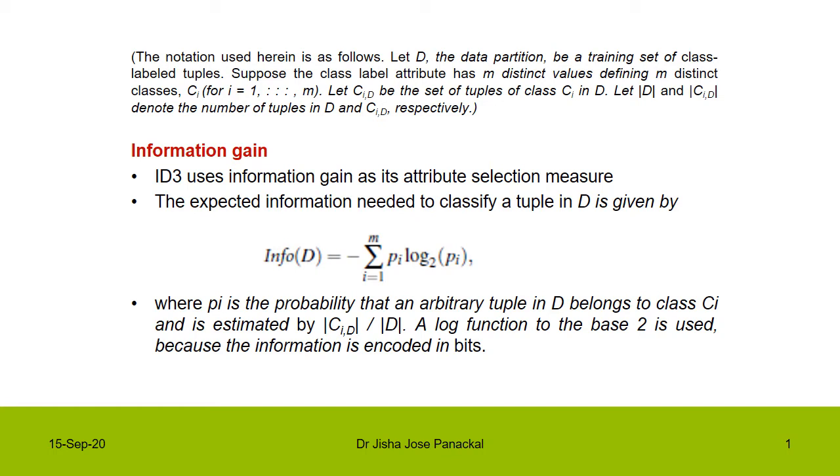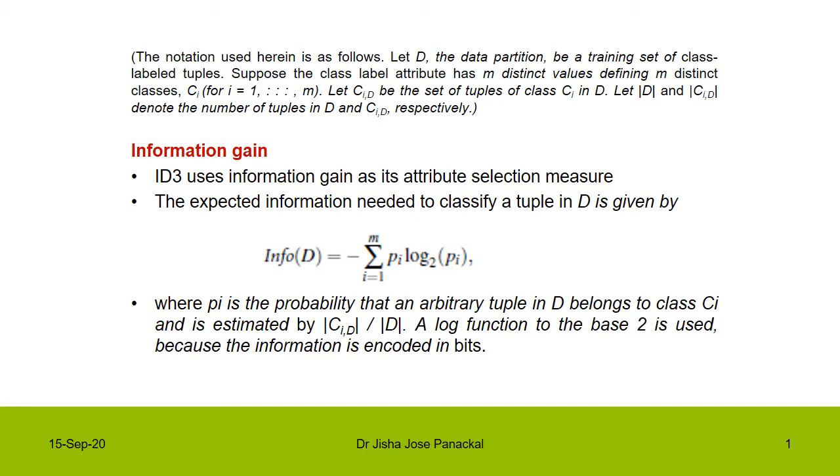We have to calculate the total info of that particular data partition using this particular equation. Here the Pi is the probability that an arbitrary tuple in D belongs to class Ci.